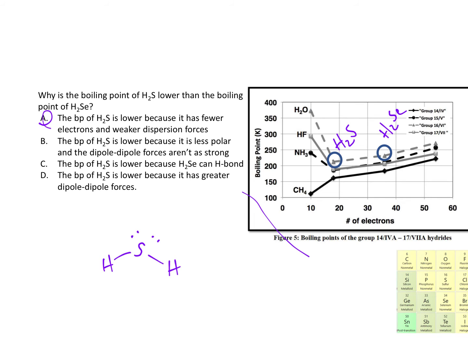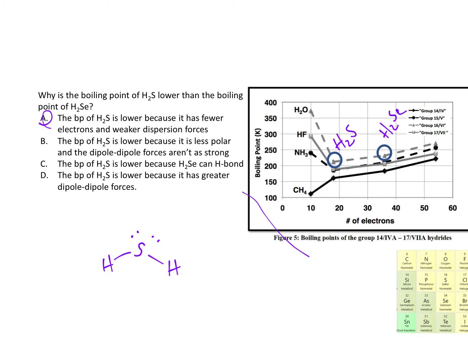Again, we talked about water. It can hydrogen bond. So why do you think the boiling point of water is so much higher than that of ammonia? Hydrogen bonding, but both can hydrogen bond.